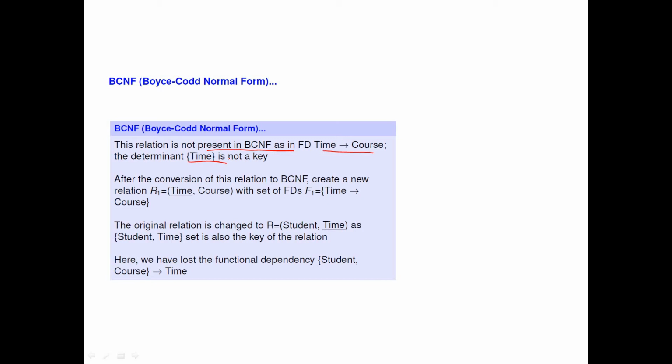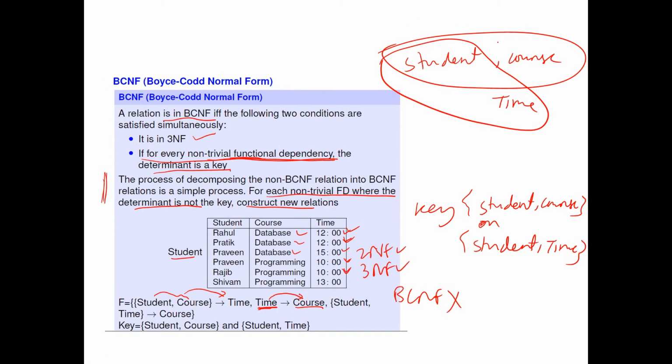Now the question is which one I should consider for resolving this. For simplicity, let me consider the table as ABC, where A is the student, B is the course, C is the time.